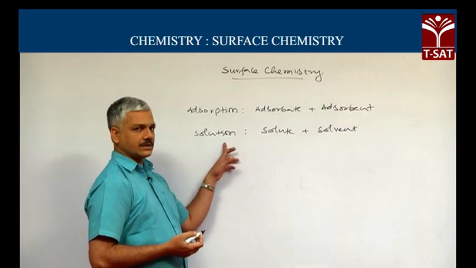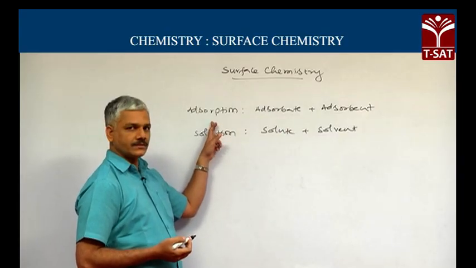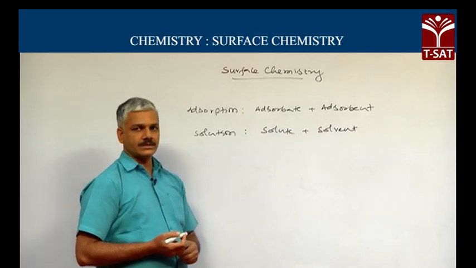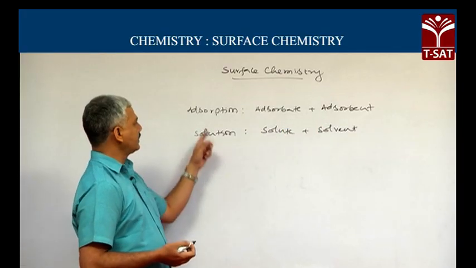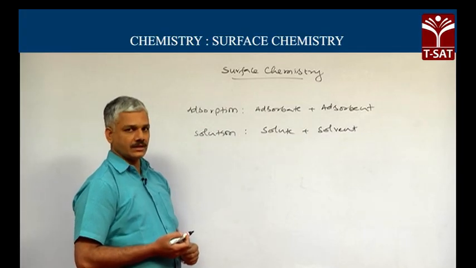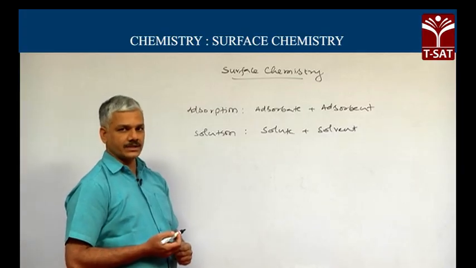The solute of a solution can be compared to the adsorbate, and the solvent can be compared to the adsorbent. Hence, in the process of adsorption, adsorbate is a minor component while adsorbent is a major component.